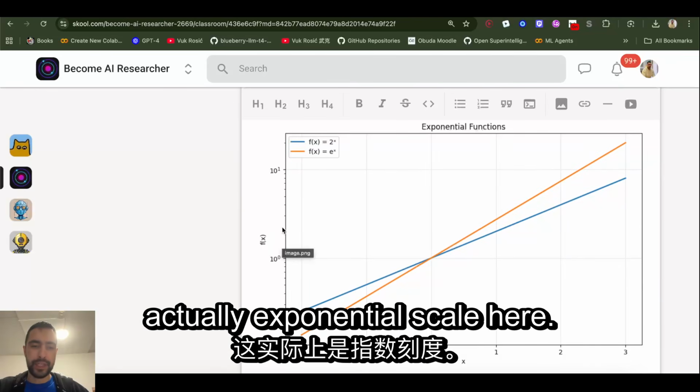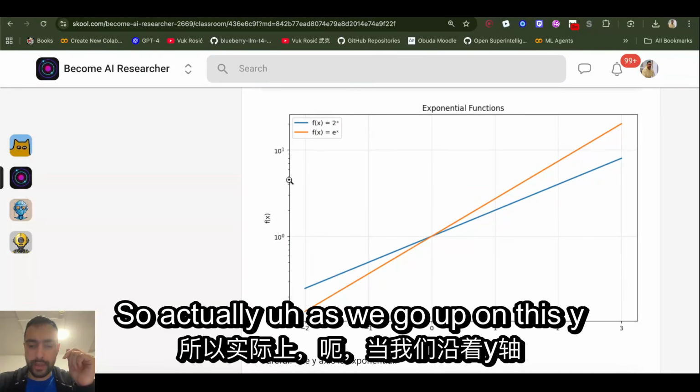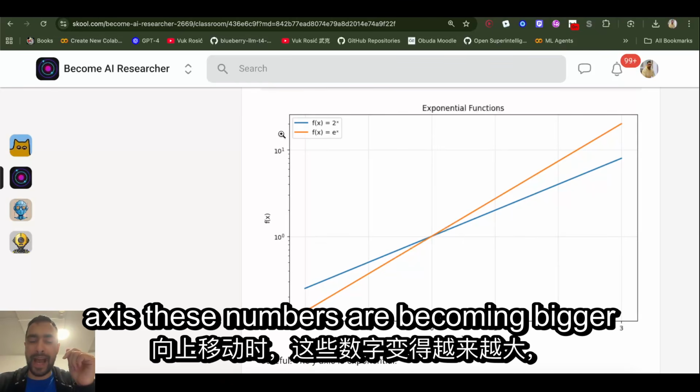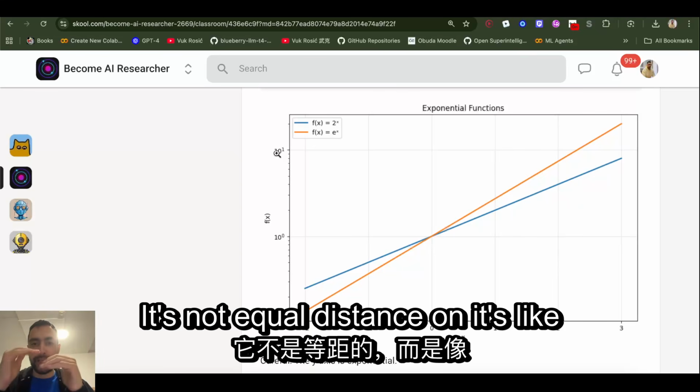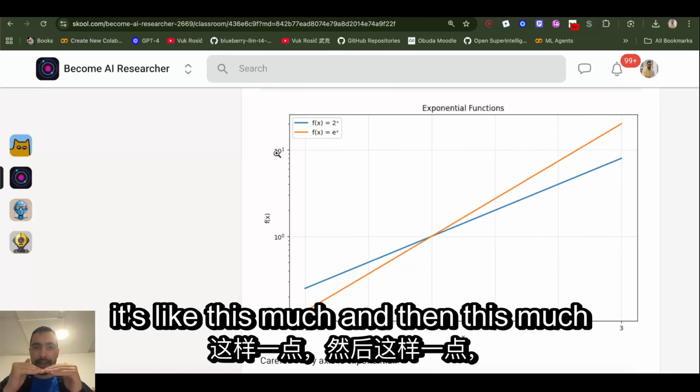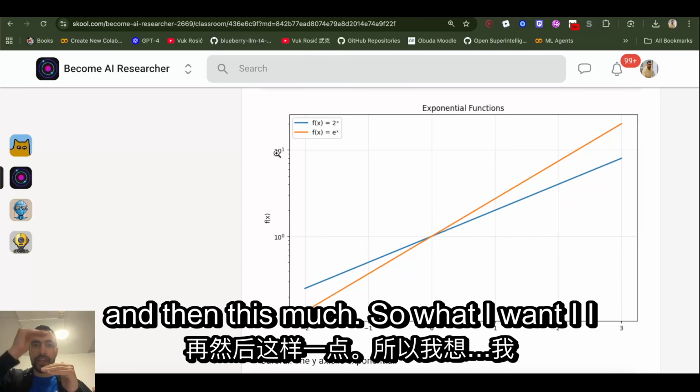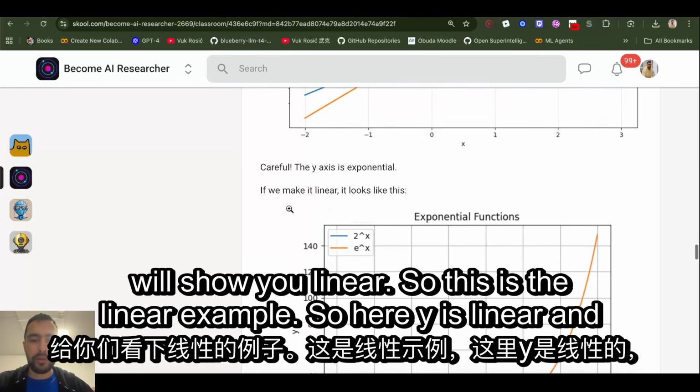This is actually exponential scale here. So as we go up on this y-axis, these numbers are becoming bigger and bigger, exponentially bigger. It's not equal distance. It's like this much and then this much and then this much. So what I want, I will show you linear.